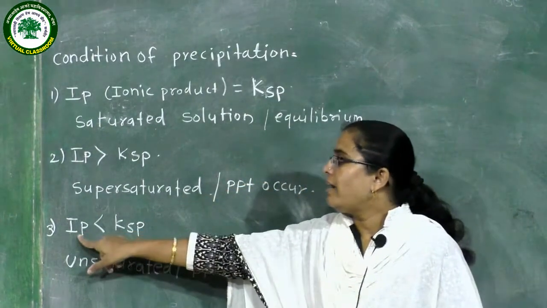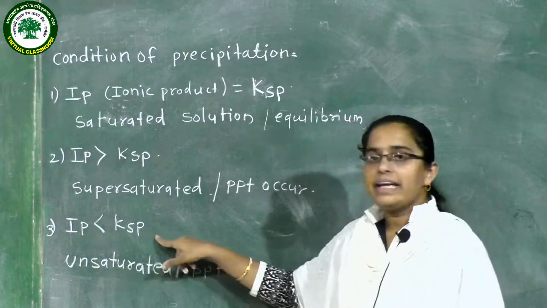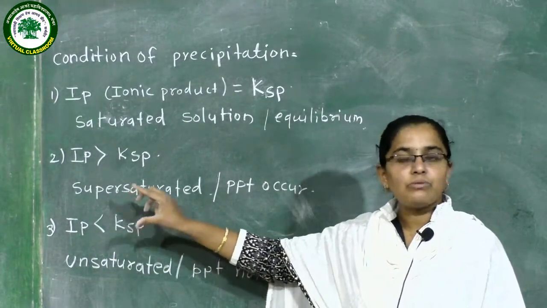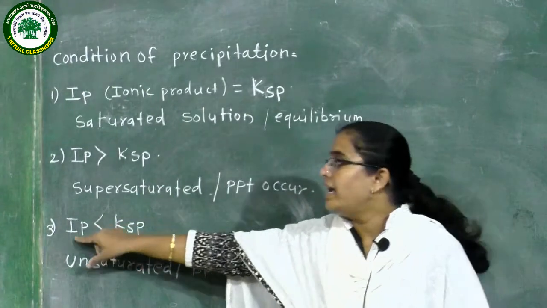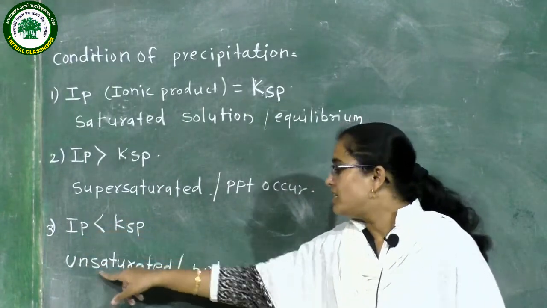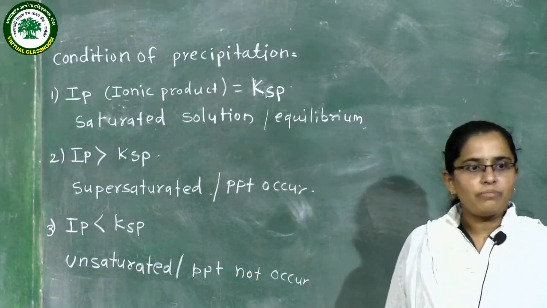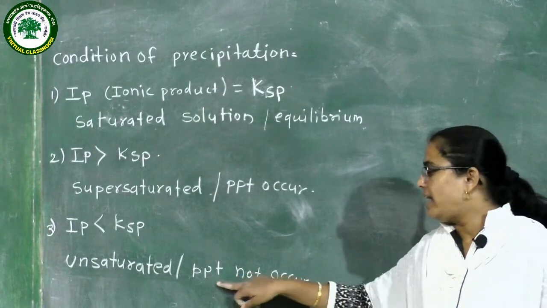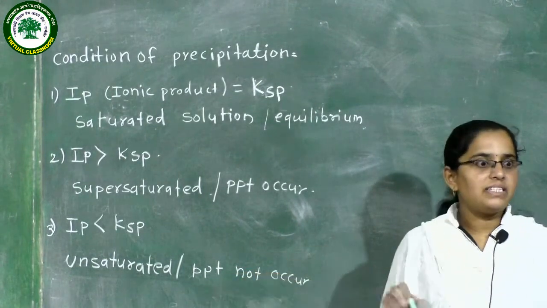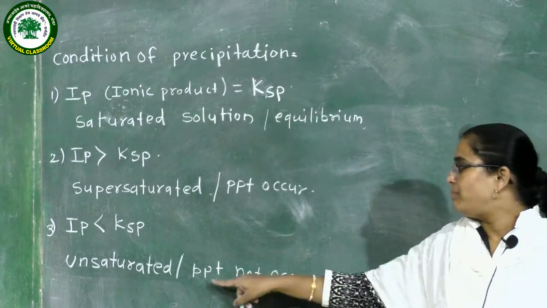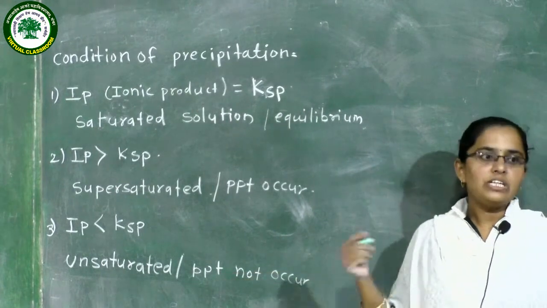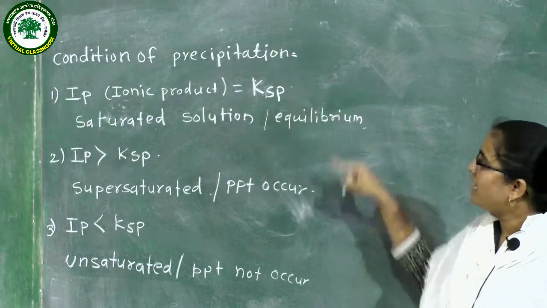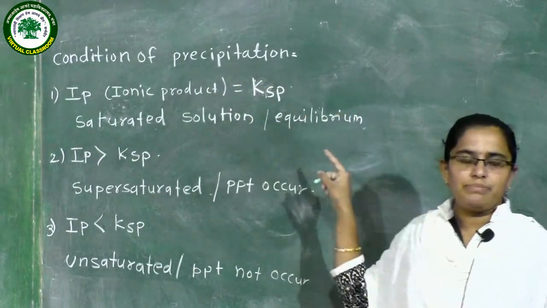Next is IP less than KSP. The solubility of the substance is more than the ionic product, so an unsaturated solution is formed. In an unsaturated solution, the chances of PPT formation are very low, PPT does not occur. These three are the conditions for precipitation.